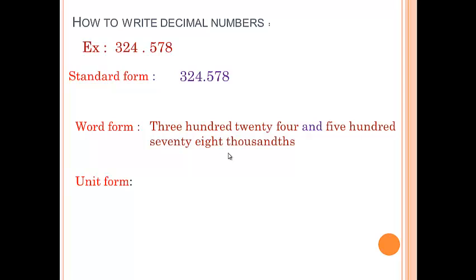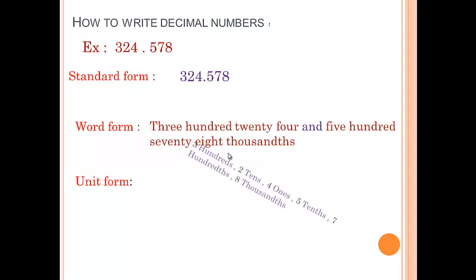Is it a whole or a part of a whole? It is a part of a whole, so you should write the place. 578 thousandth. Why thousandth? Because we have here 3 digits. Without writing thousandth, I would understand 578 is a whole.